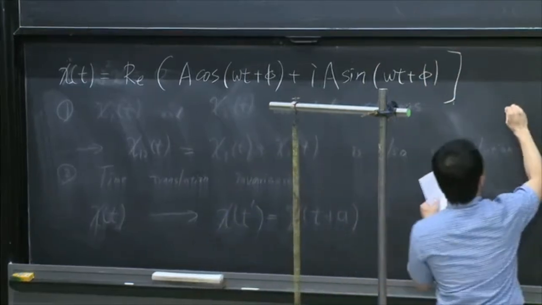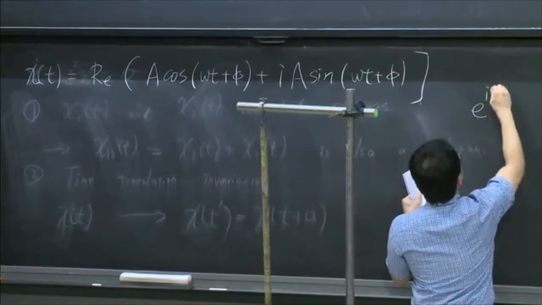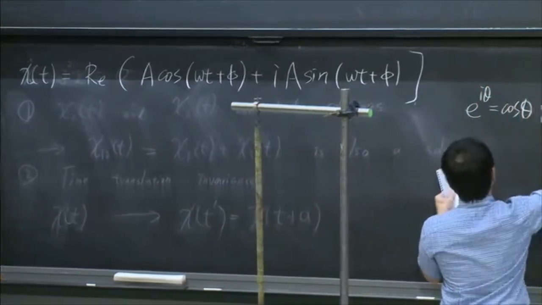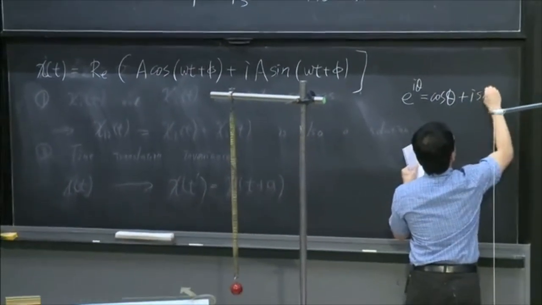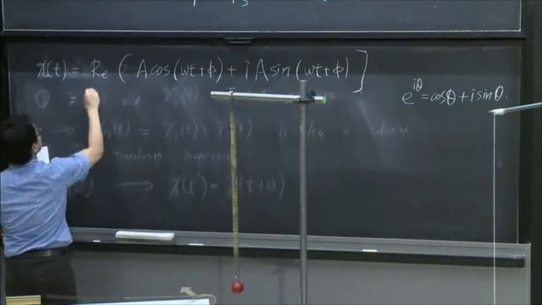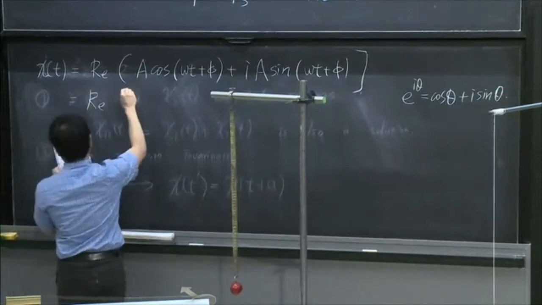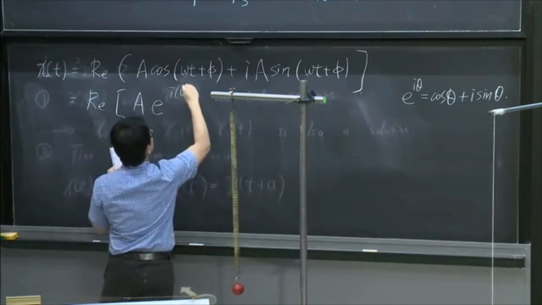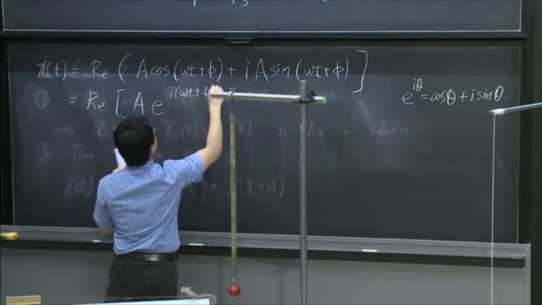And just a reminder, exponential i theta is equal to cosine theta plus i sine theta. Therefore, I arrive at this. This is the real part of A exponential i omega t plus phi.